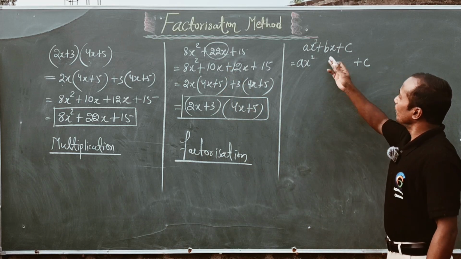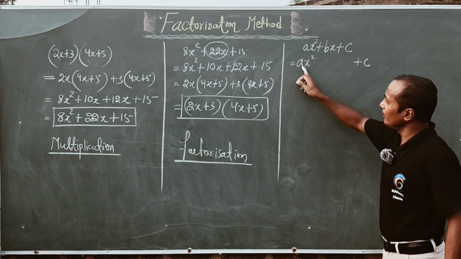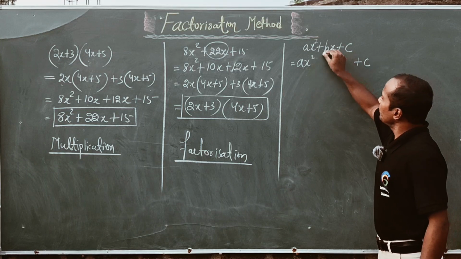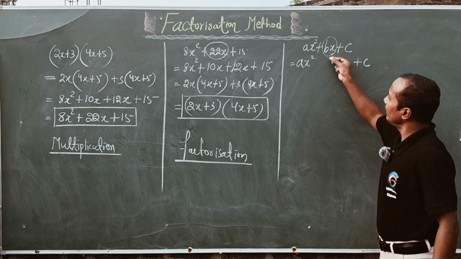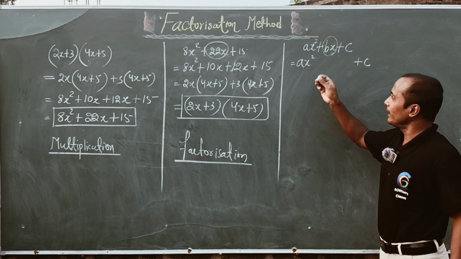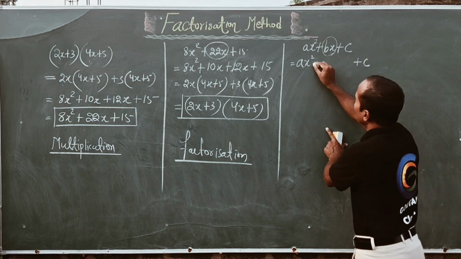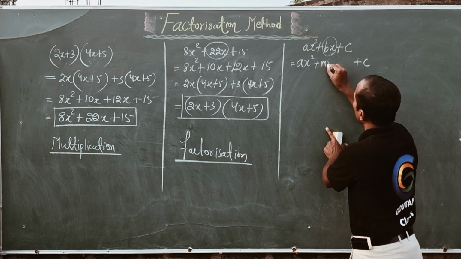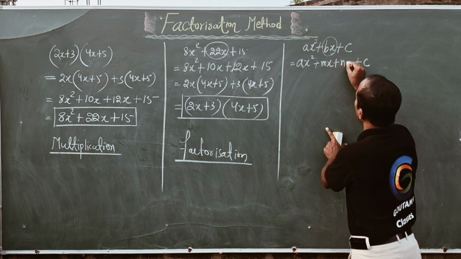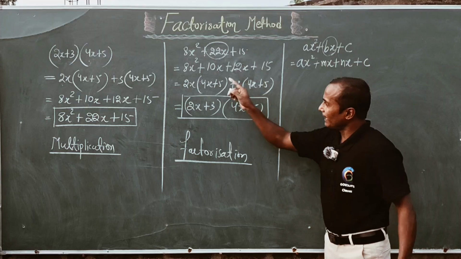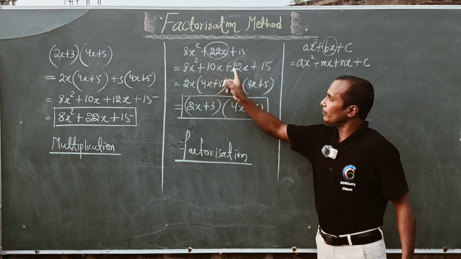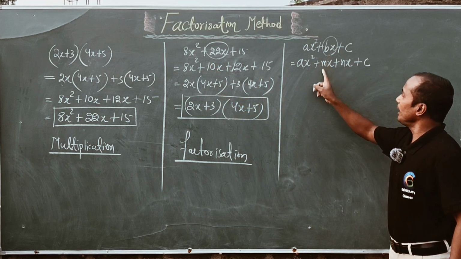So it means that while factorizing, in the second step, we have to break the middle term bx into two parts and show it as a sum of two parts. So I have to split bx into, let's say, mx plus nx, and like here 22 is 10 plus 12, here b has to be m plus n.